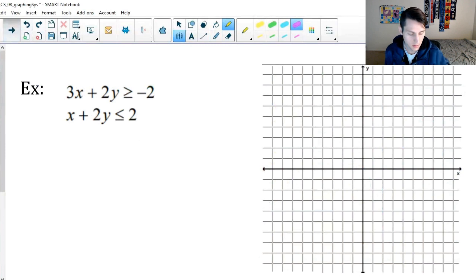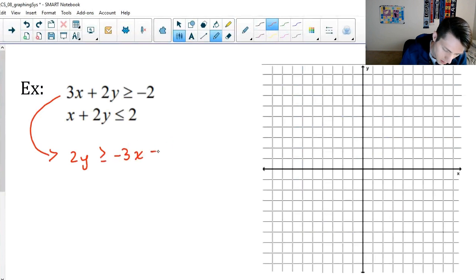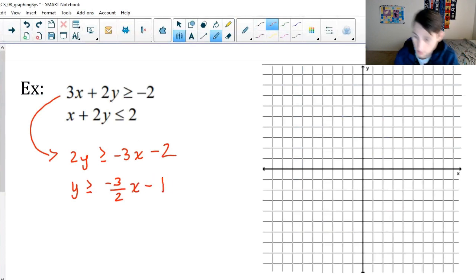All right, let's go to our next one. Okay, so first things first, these are not in slope-intercept form. So I'm going to put them into slope-intercept form. So first I will subtract 3x from both sides. Then I'll divide by 2. Two over 2 is 1, so minus 1.